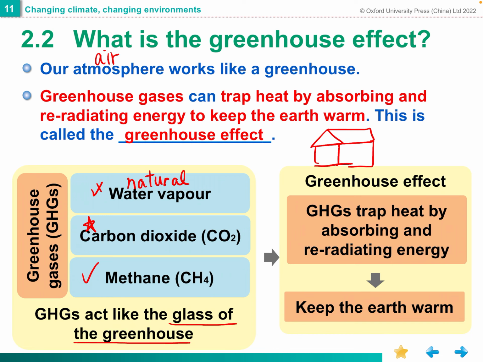All these gases are like the glass. 全部嘅氣體咧就好似玻璃屋入邊嗰啲嘅玻璃咁樣啦。These gases allow the sun's energy into the house, but they will trap the heat, absorb it, and radiate the energy, so that keeps us very warm.